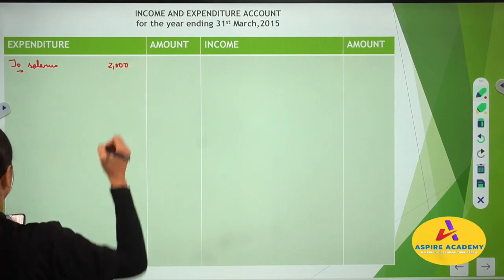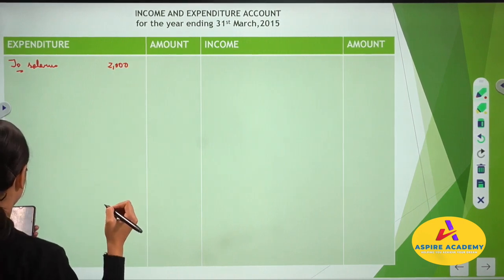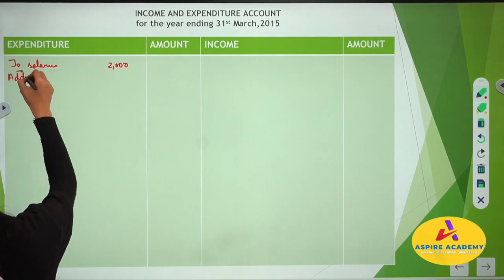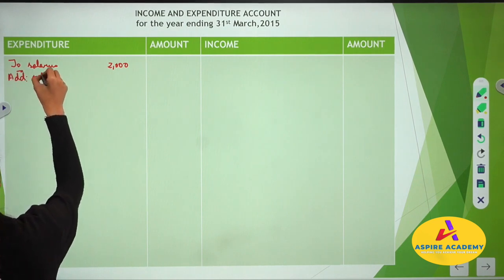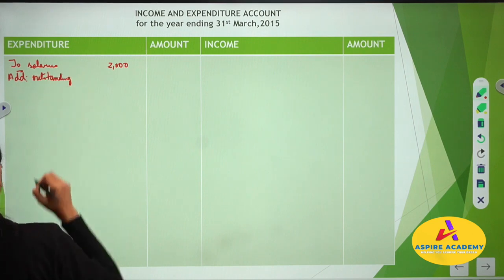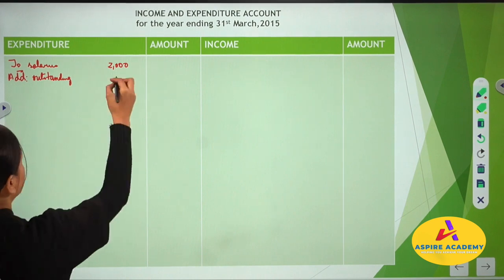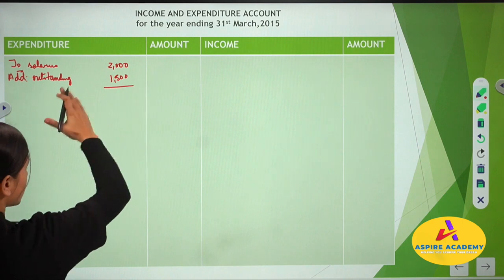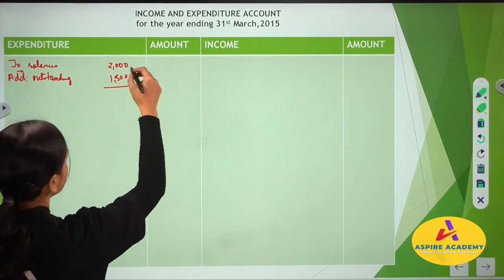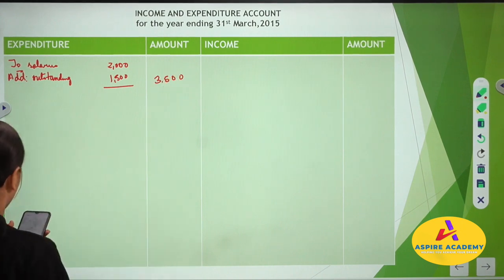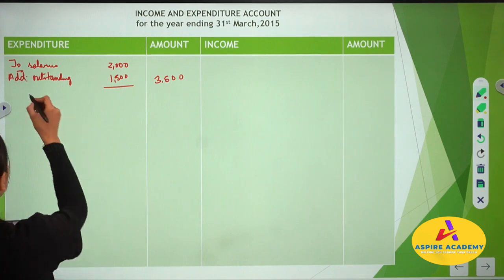The adjustment needs to be made. There is outstanding salary, so that would be added. Add outstanding; the outstanding amount was 1,500. After the adjustment is made inside, the total amount would be written outside in the amount column.